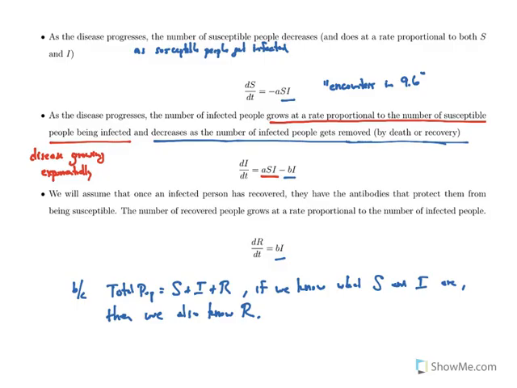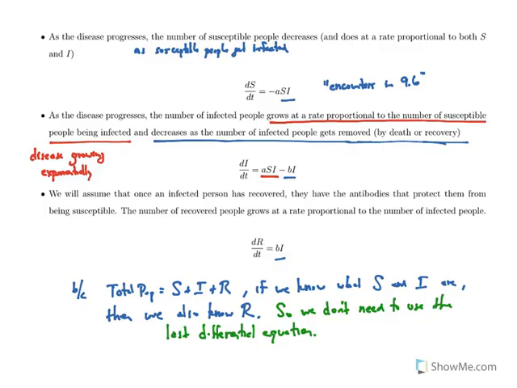We can just figure that out with a simple subtraction from the total population. So because of that, we don't need to use the last differential equation. That information is encoded elsewhere in the other 2 differential equations. So you're not going to see that dR/dt written pretty much anywhere in this section.